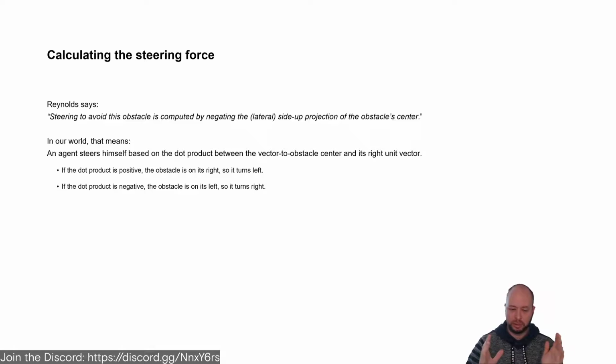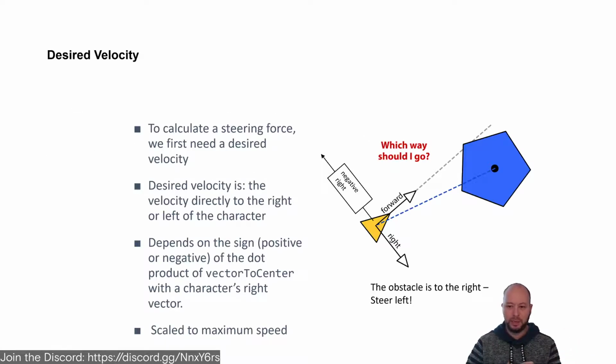If the dot product is negative, then we want to turn to the right because it's on our left. So it's very easy to know, using that projection, on which side of us the object is. You can see here, if we've got an object on the right, then we want to go to the left, and we just create a force perpendicular to our forward vector.